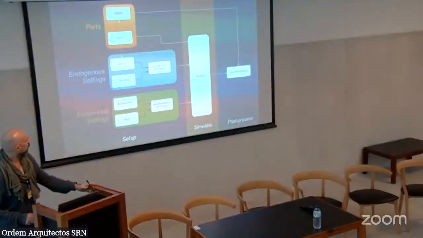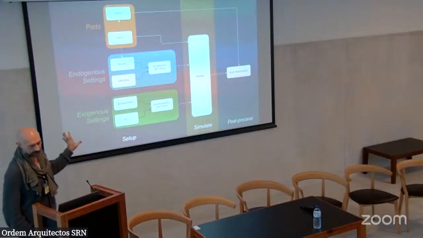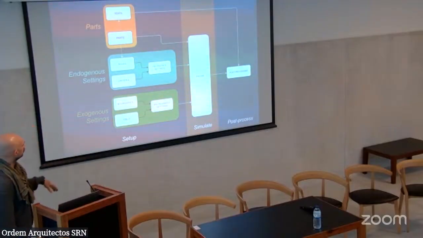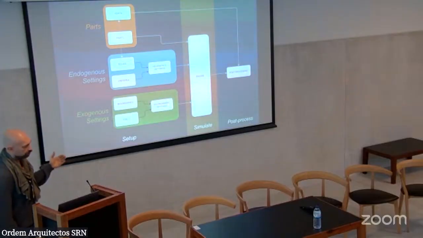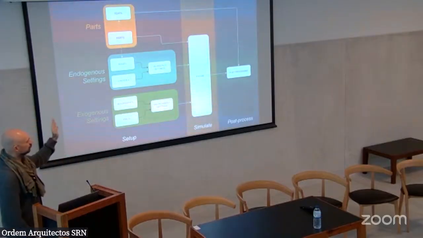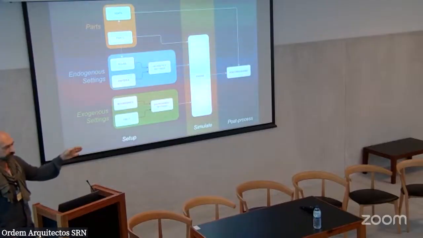In terms of definition anatomy, this is how the typical Assembler-related definition goes inside Grasshopper. So you have, as in all simulation systems like Kangaroo, like Millipede, Karamba, anything, these three parts of the process, which are setup, simulate, post-process.